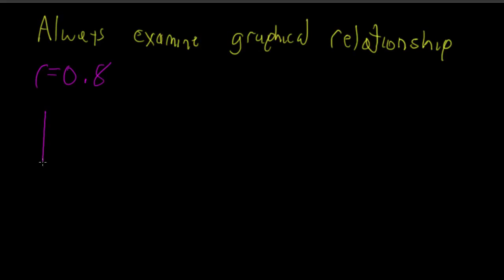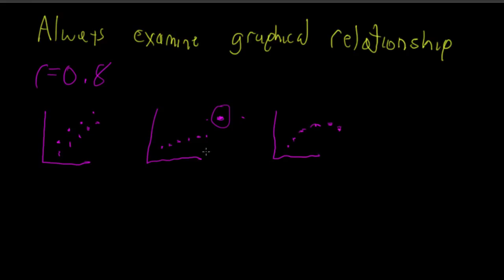The first graph is going to be a little bit more scattered, but linear. The second graph is going to have a major outlier. The third graph is going to be a nonlinear curved relationship. And the last graph is actually, most of the values are constant, with one outlier that makes the relationship have an R of 0.8.